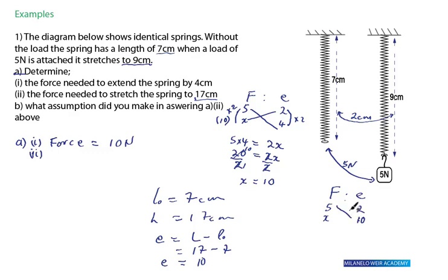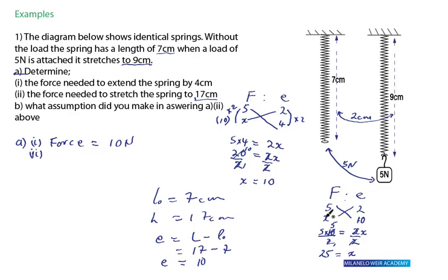So we cross multiply. 5 times 10 is equal to 2x. Divide by 2 both sides to liberate x. 2 into 2, 1, into 10, 5. 5 times 5, that is 25. You can just use your calculator to make your life much simpler.